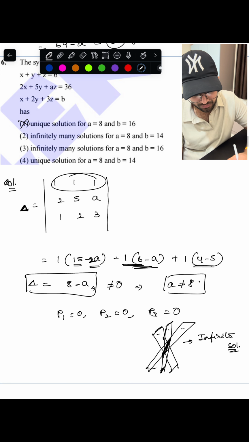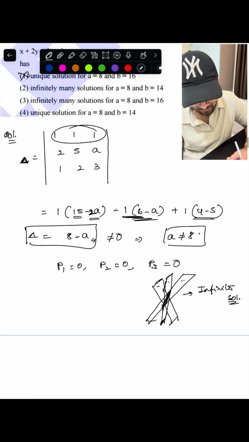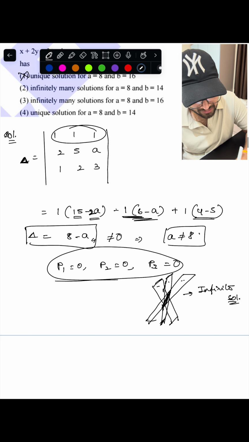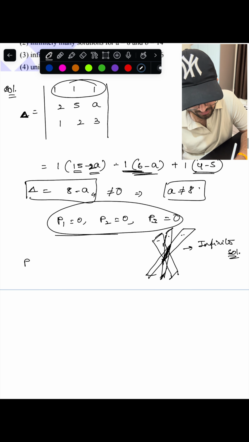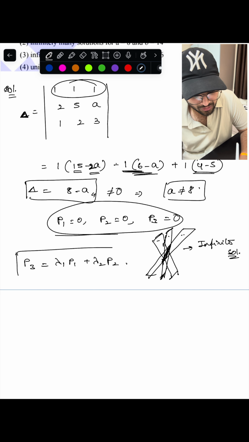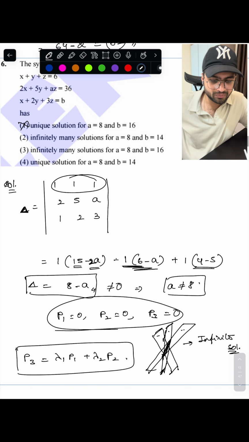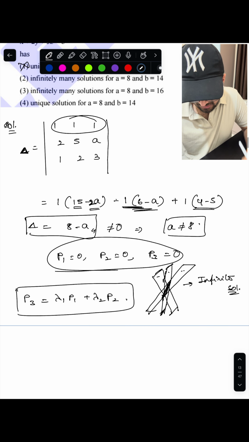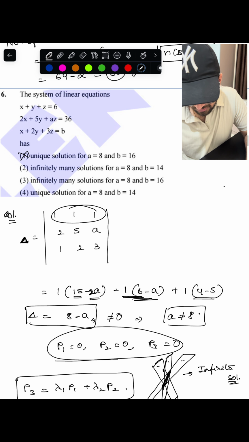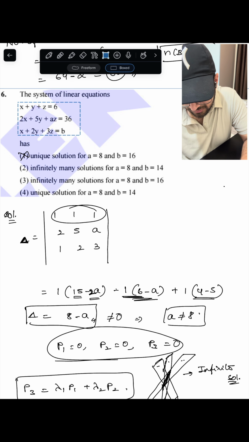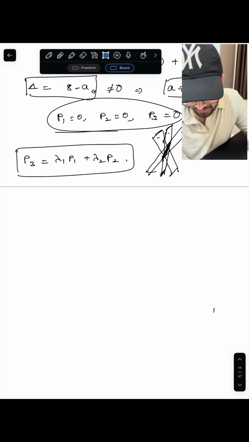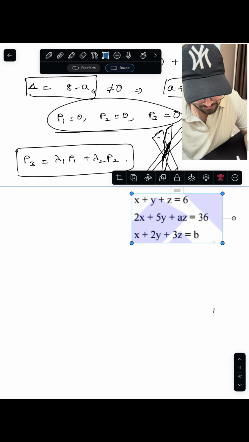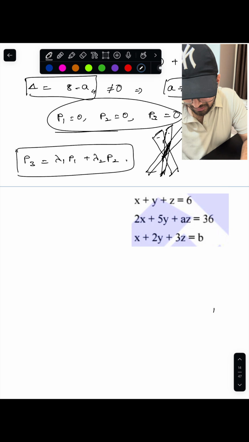So I will assume they are forming a family of planes. Now I can write P3 equals lambda 1 P1 plus lambda 2 P2. We already learned this in our family of planes concepts. Let's apply this. I will take the third one as P3, and copy the equations here.